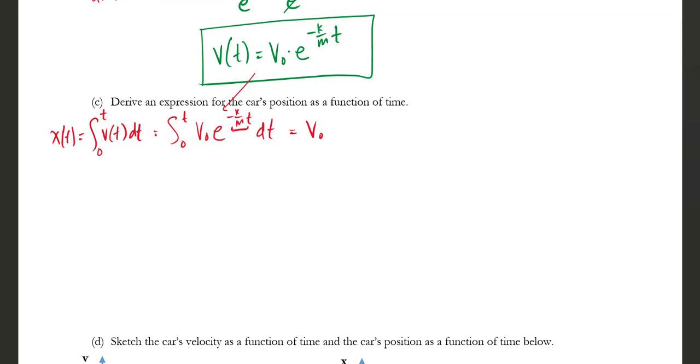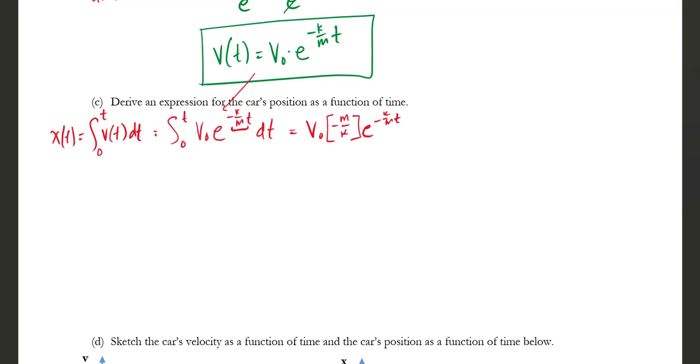Dividing by that term inside is the same as multiplying by its inverse. So I pulled my v naught out. We have negative m over k, which comes from dividing out the term inside there. And then we're left with e to the negative k over m t.